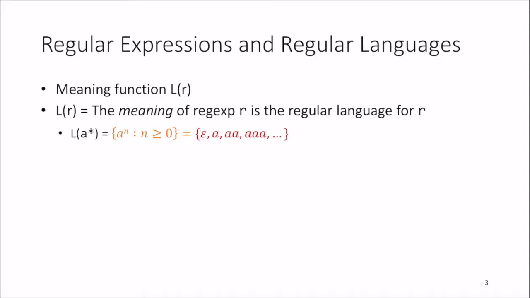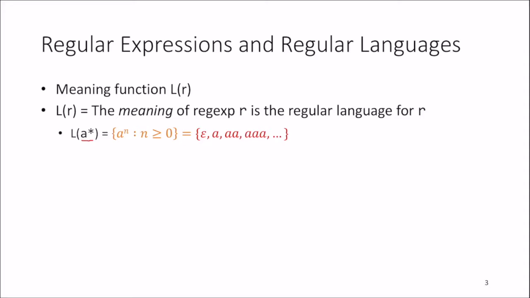So let's take an example where the regular expression we have is A star. Then L of A star, or the language of A star, or the meaning of A star here is the set of strings.